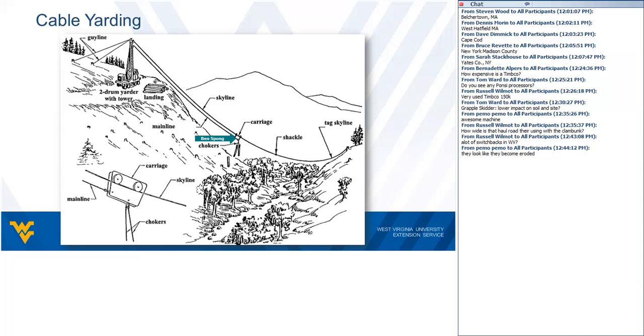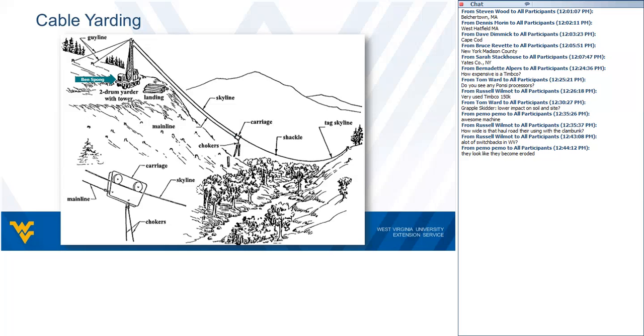So this is a very simple cable yarding system. The main component here is the yarder, which is the piece of equipment at the top of the hill that has the big drums or spools of wire rope that are used to pull the logs up and down the hill.